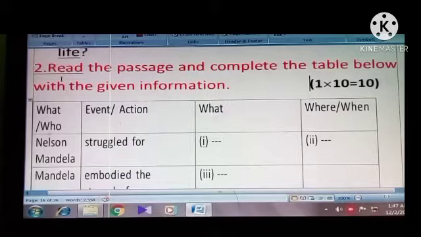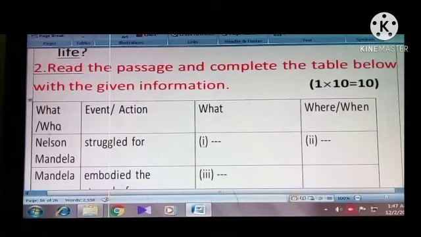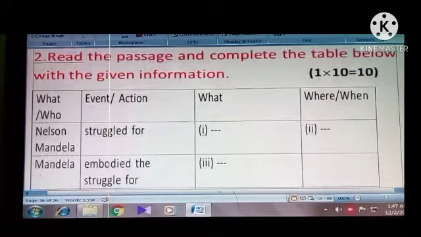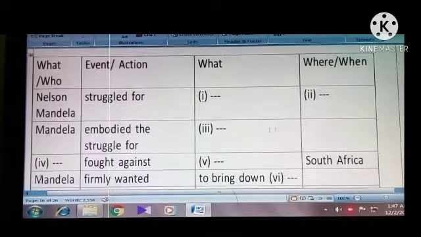So number 2, read the passage and complete the table below with the given information. Here in the first row we get what or who, event or action, and where or when. And here you have to write the answers.